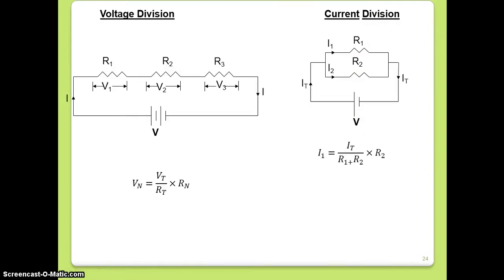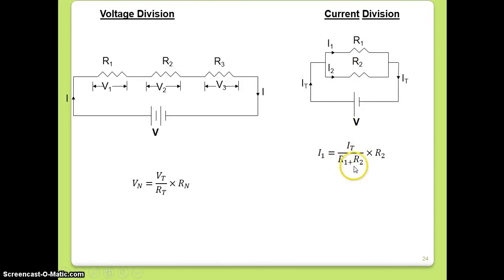Okay, let's see here the equation. I1 is equal to I total divided by R1 plus R2 multiplied with R2. That is, if I want to find out the current flowing through the first branch, in my equation I'll be using the second branch resistance.